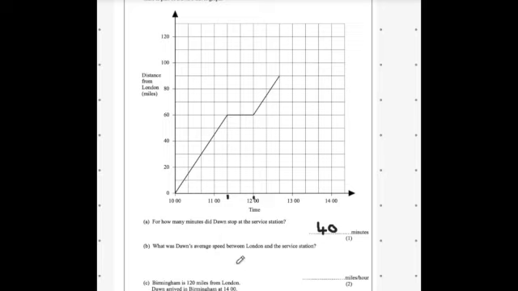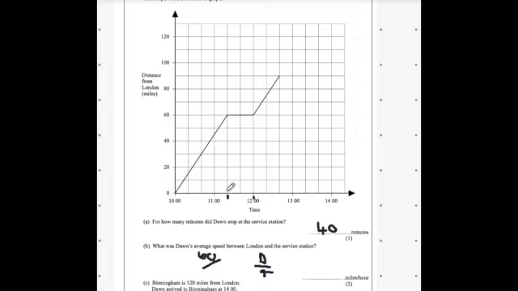What was Dawn's average speed between London and the service station? So see, London to the service station. Speed is distance divided by time. So you do from London to the service station, which is when she stops, the distance is 60 kilometres, and the time it took is 1 hour and a third of an hour, so 1.33.